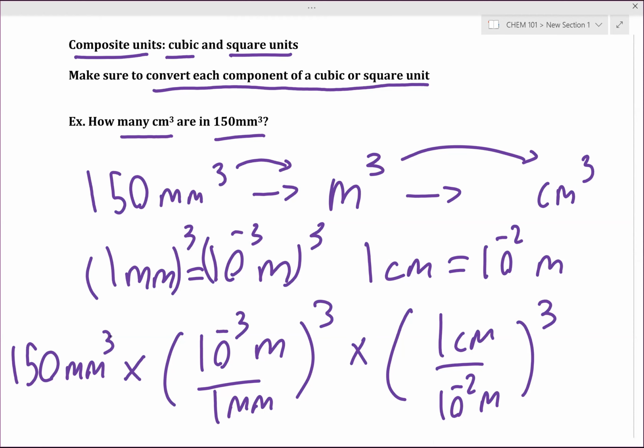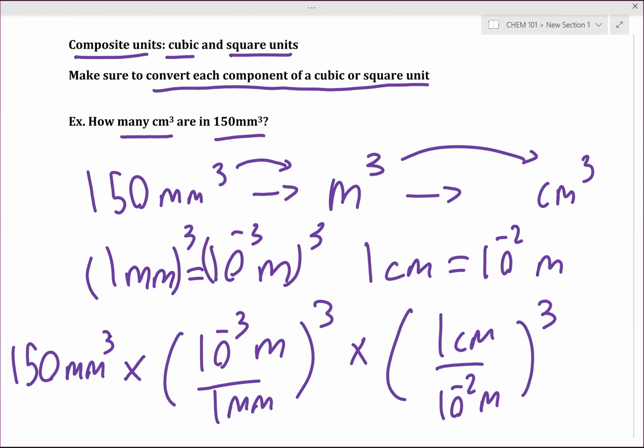Now, let's break out our calculators. And the first thing I want everyone to tell me, what is our starting number? 150. Okay, so we have 150. Now, we are multiplying by what? What power of 10 are we multiplying by? Yeah, 10 to the -3 cubed.